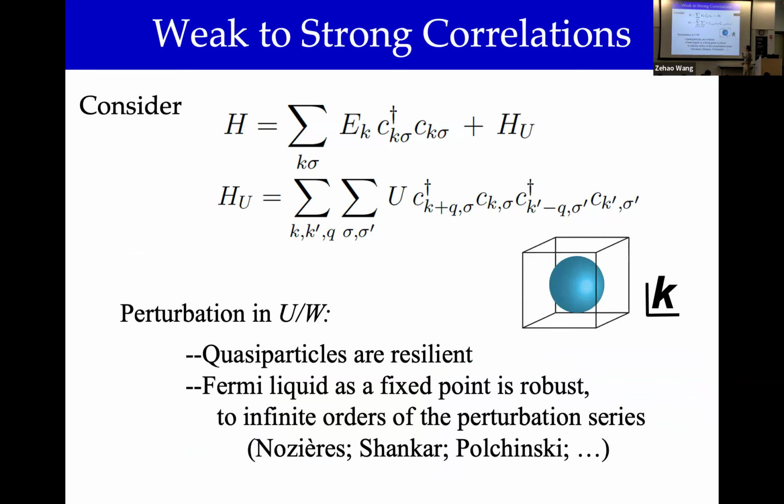Good. So formally, this perturbation theory in interaction, you can do that to infinite orders, and the quasi-particle weight Z is still non-zero. So these are very resilient quasi-particles to infinite order in perturbation theory. In that sense, the Fermi liquid description is robust.